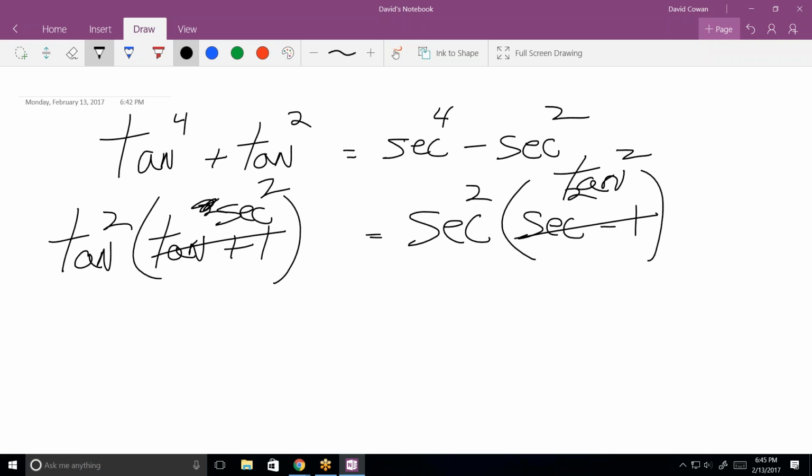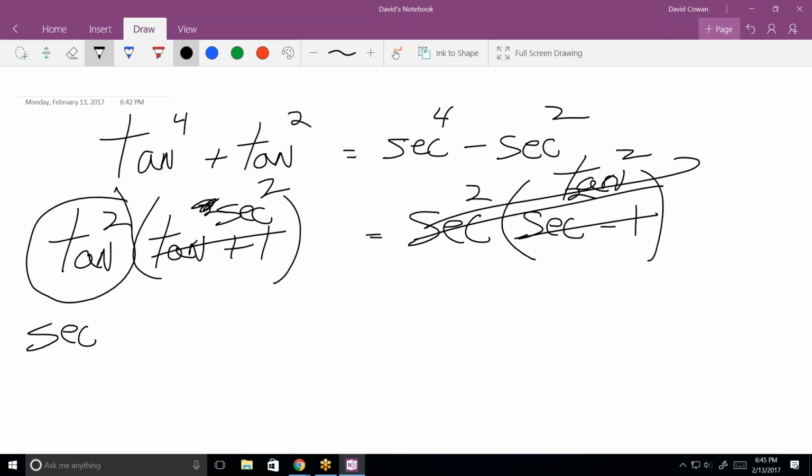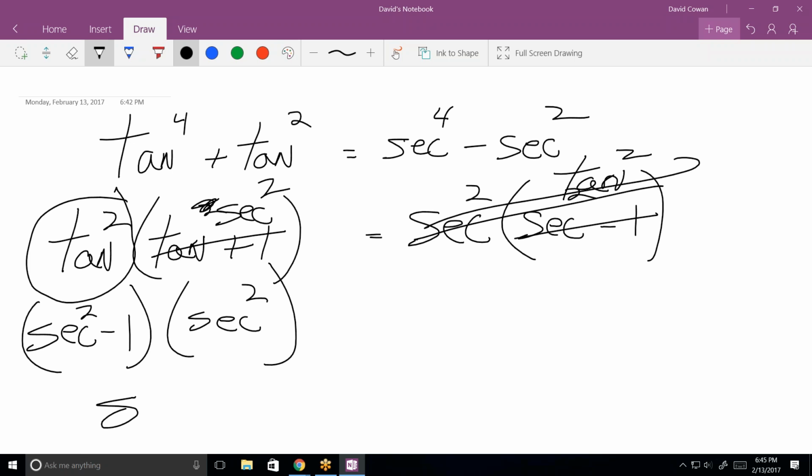Now I can go back and realize that if I turn this tan squared into secant squared minus 1, which it's equal to, now I have this, and multiply those two together and you get secant to the fourth minus secant squared.